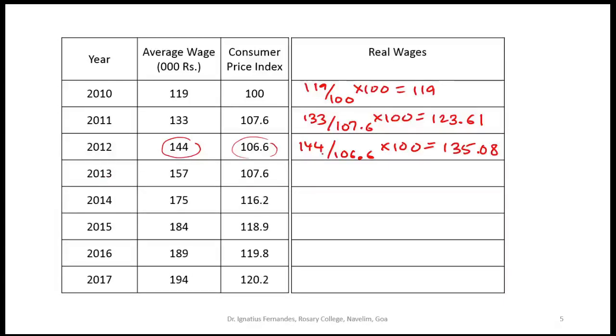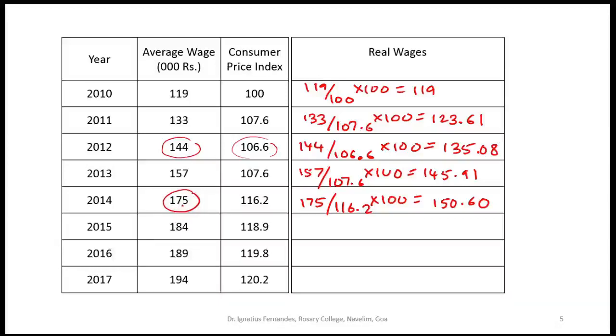For 2013, it is 157 divided by 107.6 multiplied by 100, that will come to 145.91. For 2014, it is 175 divided by 116.2 multiplied by 100, that will come to 150.60. So even though the wage looks like 175, the actual income is only 150.60.